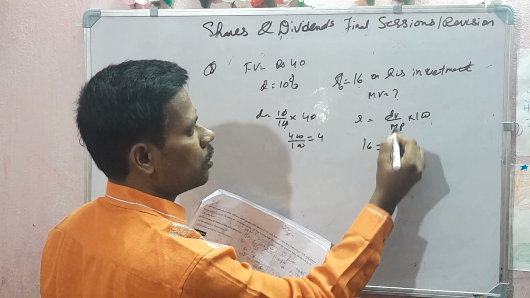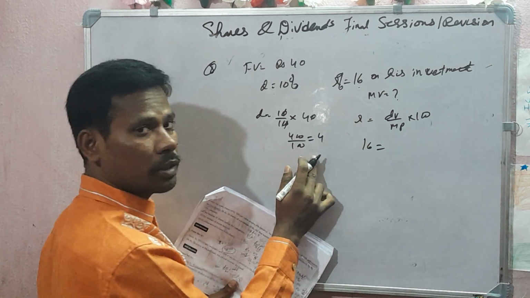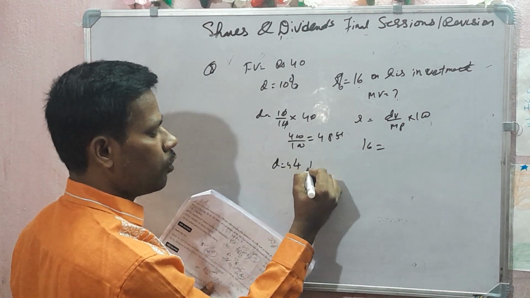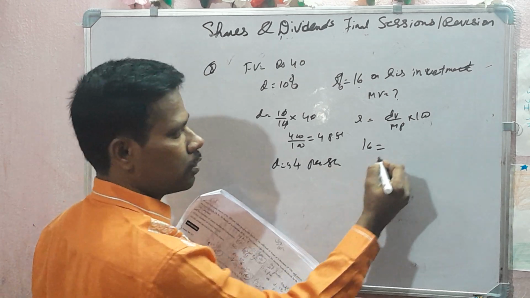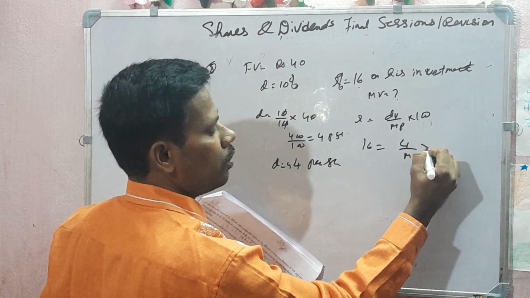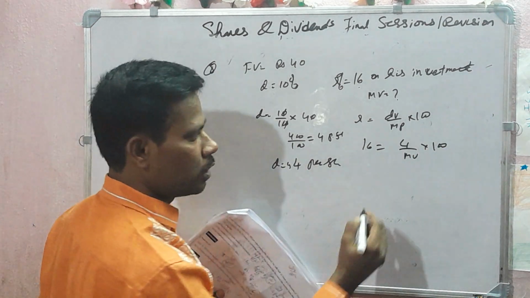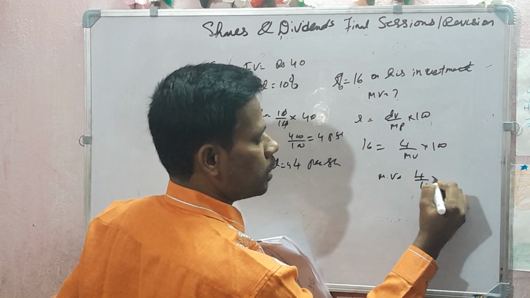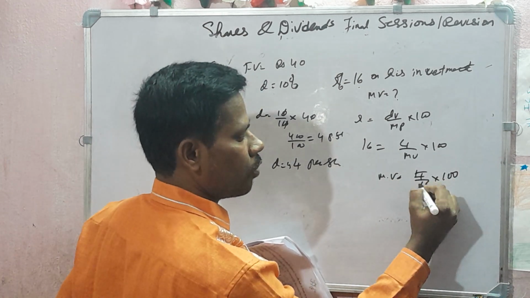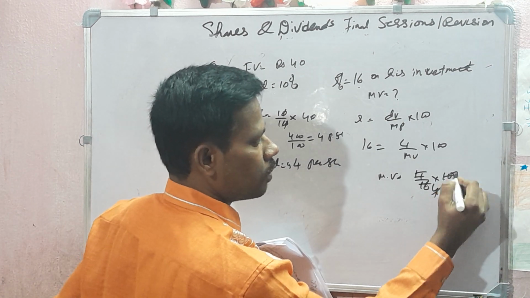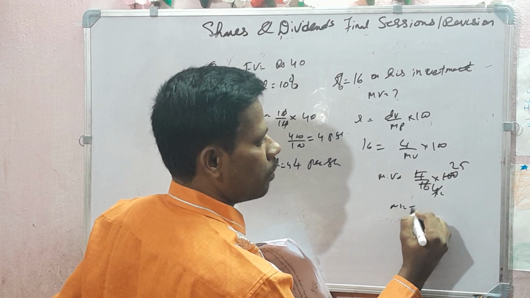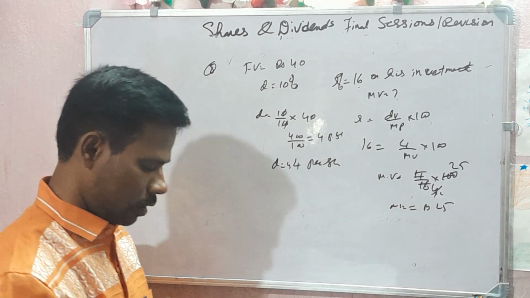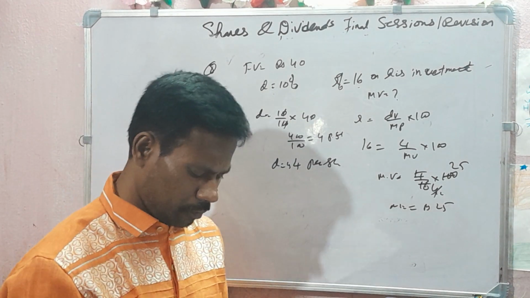Dividend is per share, D is equal to rupees 4 per share. So 16 is equal to 4 by market value into 100. Market value is equal to 4 by 16 into 100. 4 fours are 16, 4 ones are 4. Market value is rupees 25. That's it. Very simple.